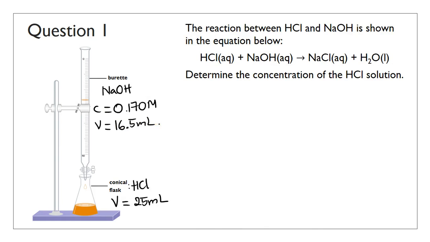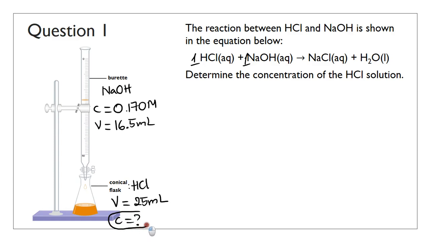The volume of the solution that comes out of the burette is called the titer. I also give you the equation here, so it's a 1-to-1 mole ratio, nothing too exciting. Ultimately what you need to do is determine the concentration of HCl. So concentration is the unknown.